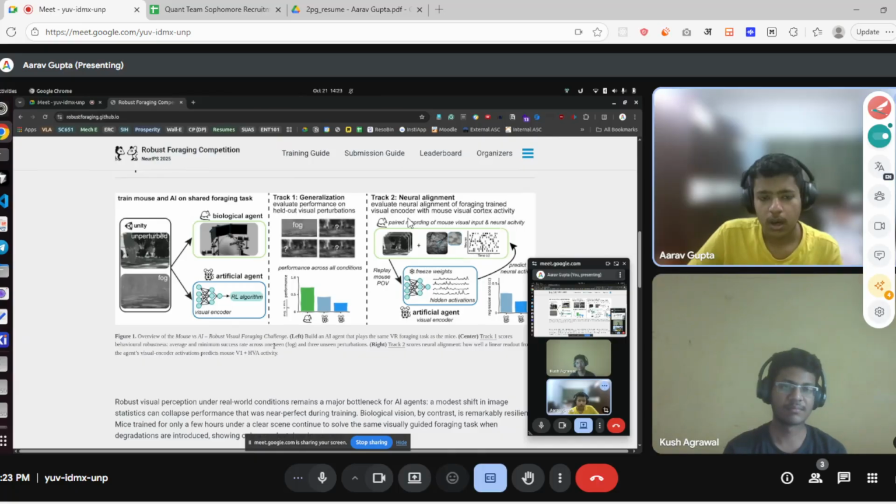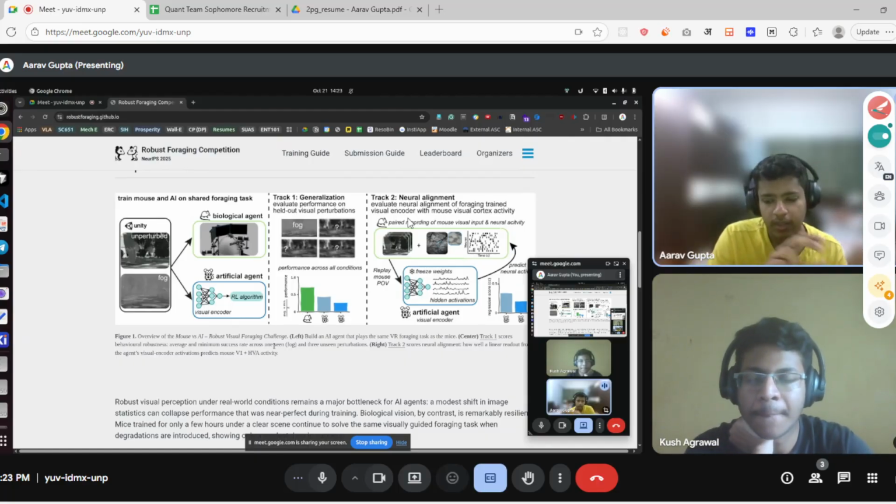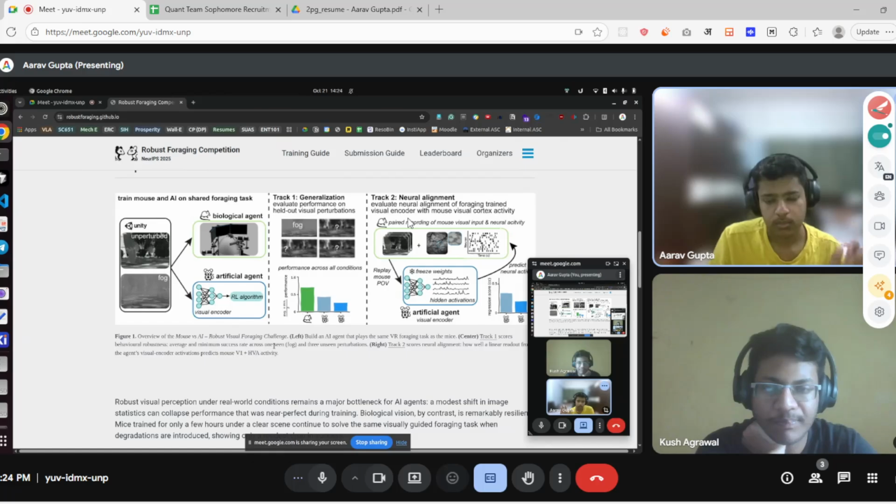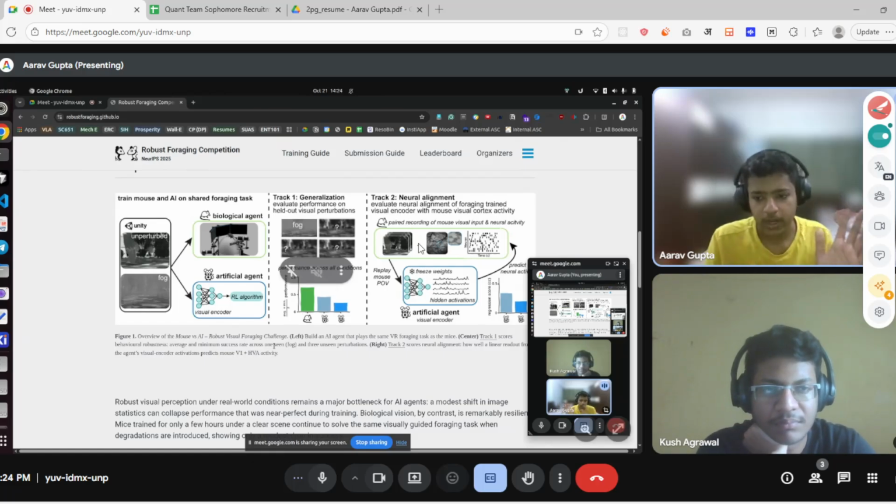There's a technique in computer vision called domain adaptation or domain generalization, and we are trying to explore that. What it aims to do is generalize the model more. Let's say the model has been trained to identify some object.